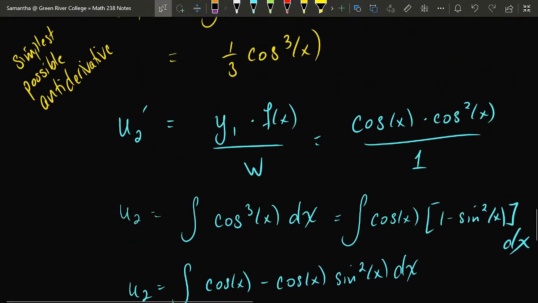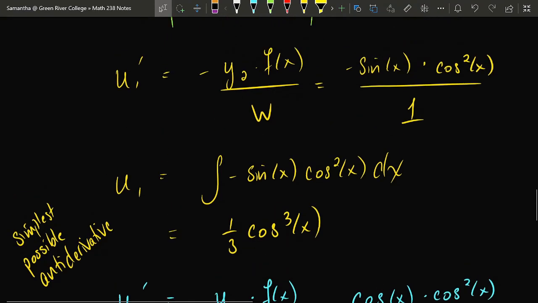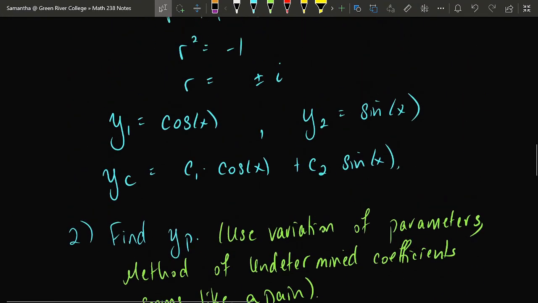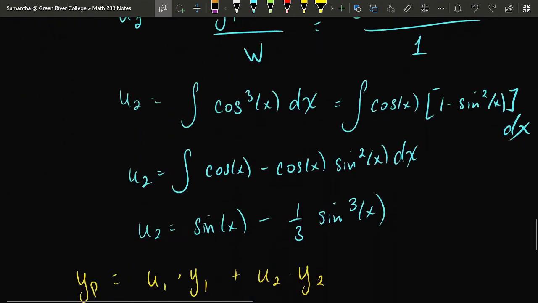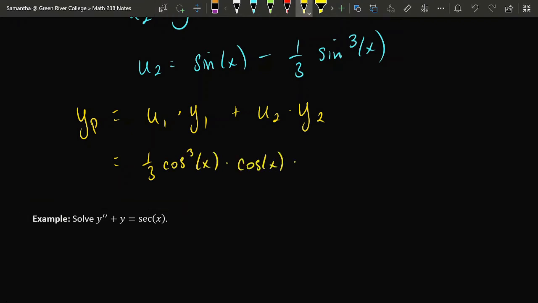Now u1 was equal to 1/3 cos cubed, and y1 was equal to cosine. u2 we found was sine x minus 1/3 sine cubed, and y2 was equal to sine.